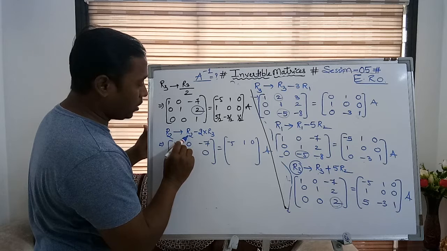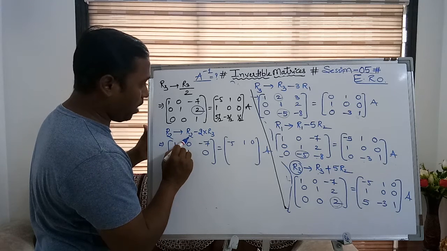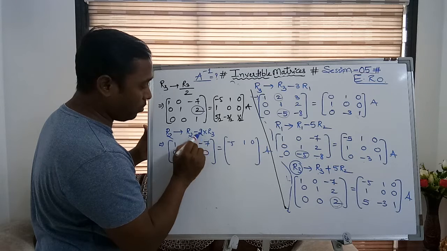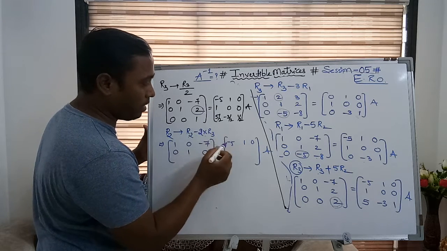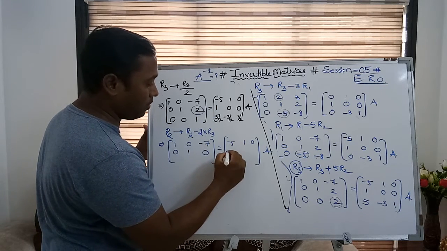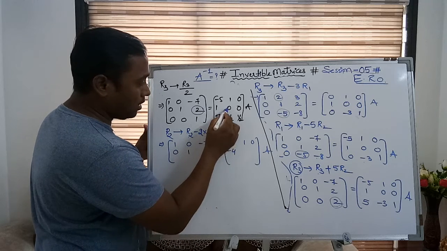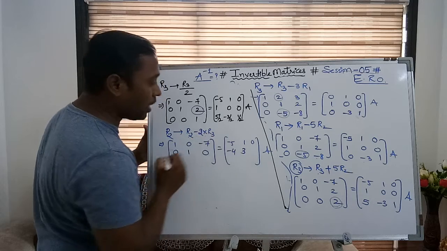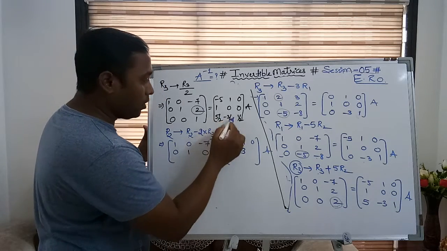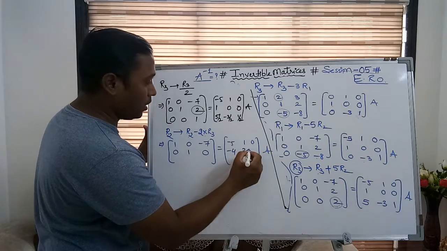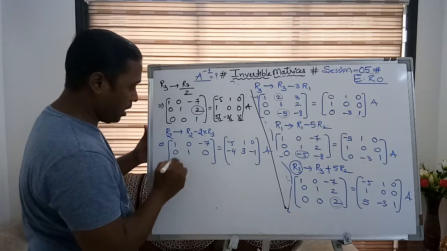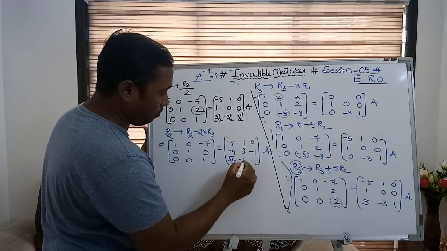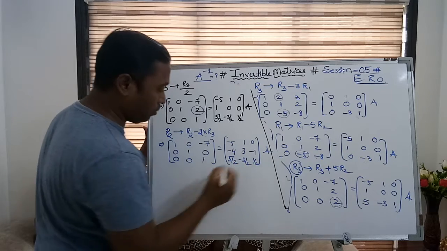Now R2: 1 minus 2 times 5 by 2, the 2s cancel, 1 minus 5 is minus 4. 0 minus 2 times 3 by 2 is plus 3. 0 minus 2 times 1 by 2 is minus 1, and R3 will remain same: 5 by 2, minus 3 by 2 and 1 by 2.